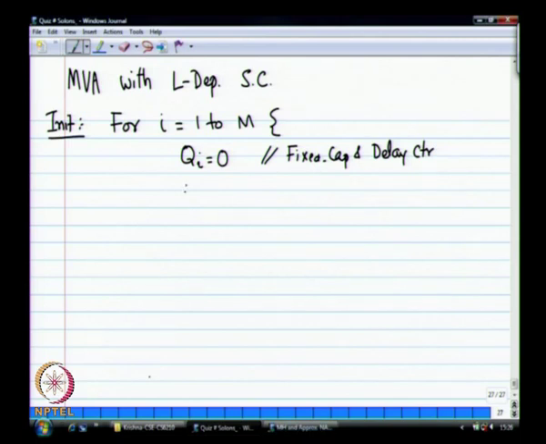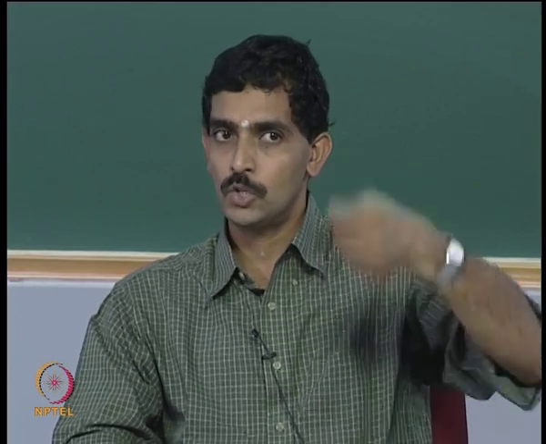Okay, so now we have to set this to 1. What is the probability of there being 0 customers at Qi when there are 0 customers in the system? It is simply 1, that is the initialization.